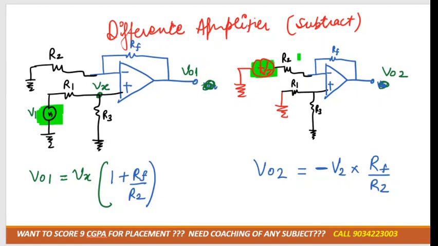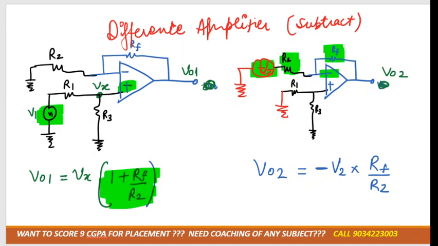This is the difference. We have connected over the negative here, so the output is minus Rf over R2. And here we have connected Vx to the positive terminal, so we take the non-inverting amplifier, and its output is 1 plus Rf over R2.